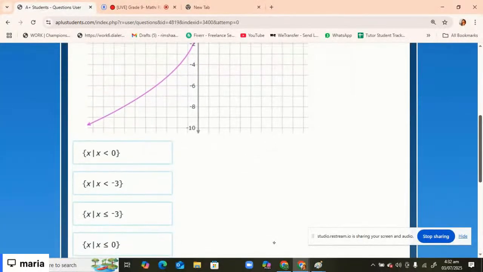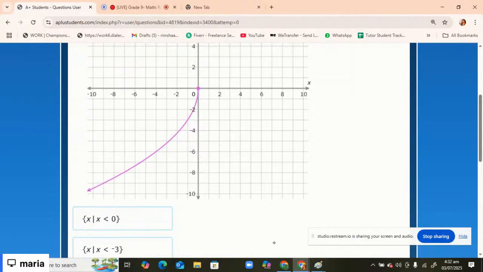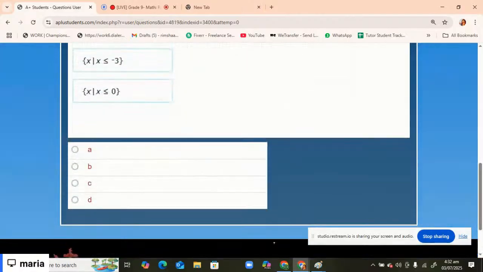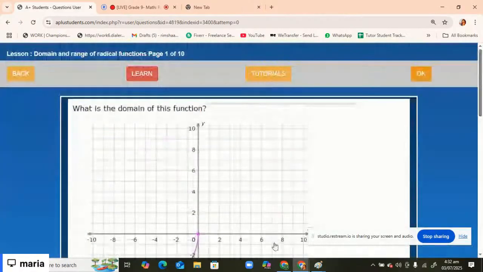Last option is less than or equal to 0. Yes, it's less. Why? Because all x values are negative, and equal to 0 because it starts from 0. So this is the last option. Let's go with this. Here is the right answer. Okay.